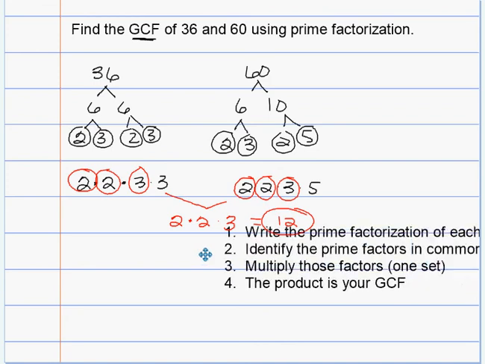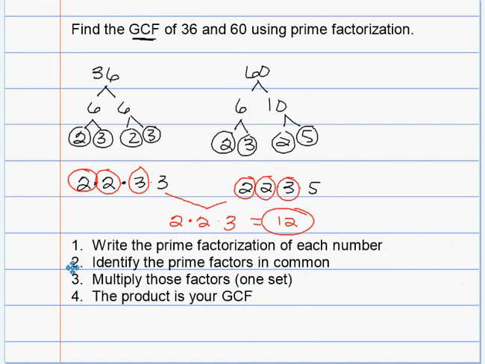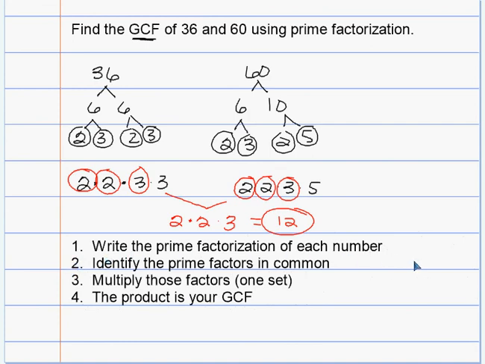So here are the rules for doing this, or how it's done. Write the prime factorization of each number, then identify the prime factors that they have in common. That's when we circled. Multiply those factors, just one set of those numbers, and the product is your greatest common factor.